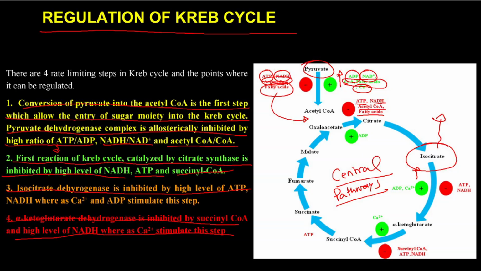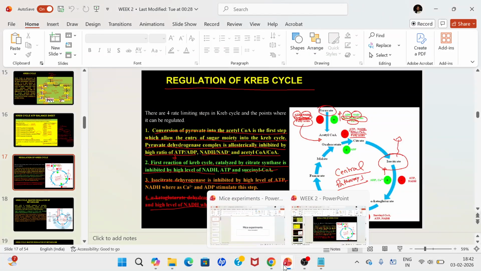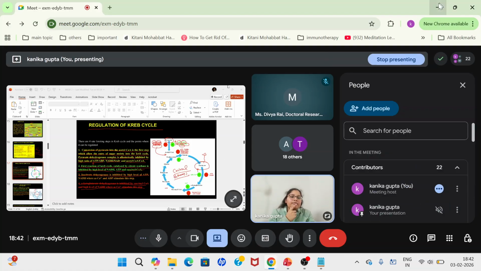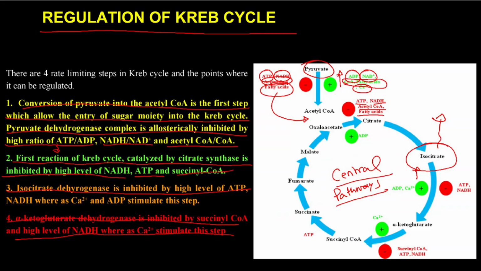Allosteric inhibition means it won't bind to the active site, but it will bind somewhere else near the active site, which will change the shape of the active site, and that is how the complex won't be able to function. So that is how allosteric inhibition works.